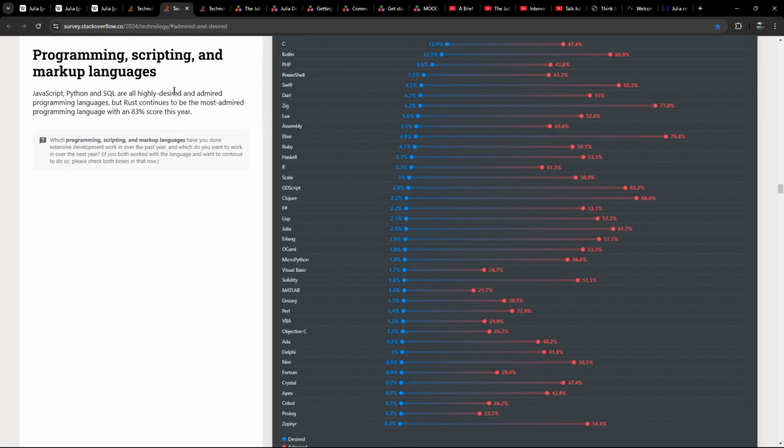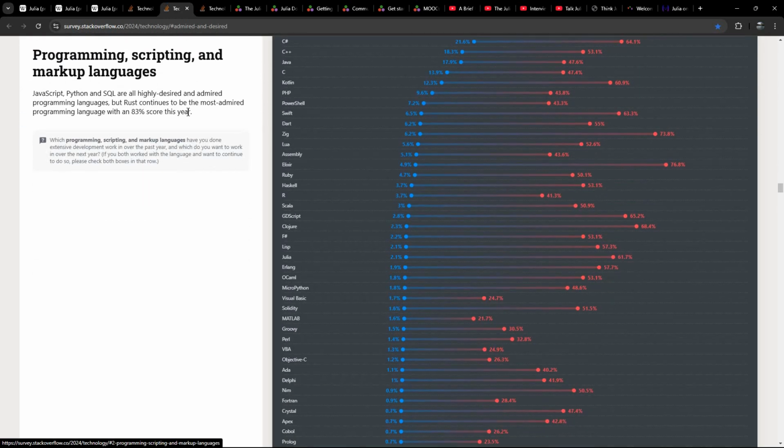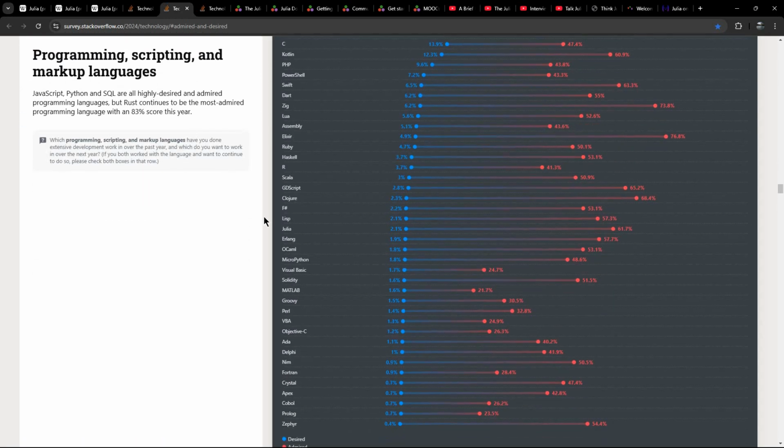It gets interesting when we start looking at this one, which is the admired and desired. So it's on here as well, and there's this sort of chasm between desired and admired. You can see there's quite a wide difference here in the percentage. So 61.7% admired, 2.1% desired.